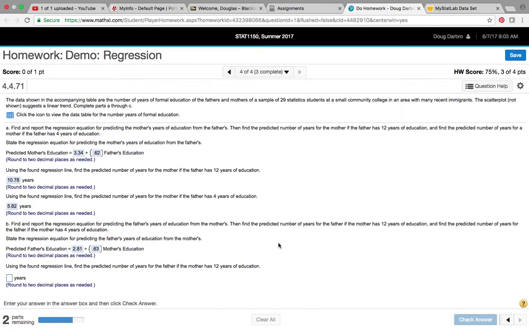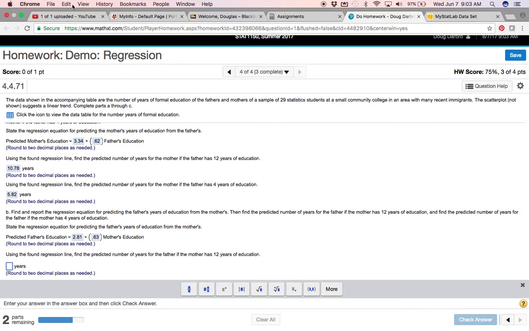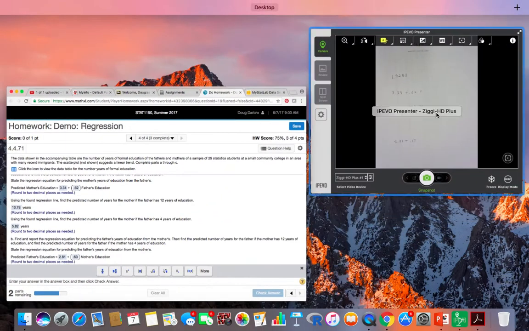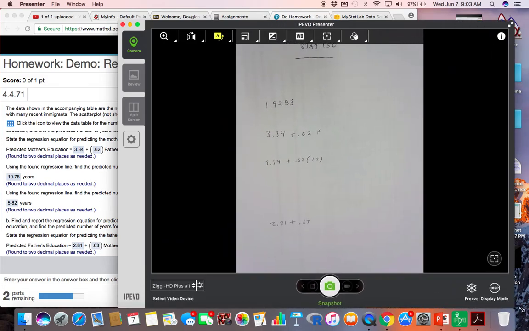Use the found regression to predict the years for the father if the mother has 12. So guys, I'm going to exit full screen. I have this set up over here where I'm actually doing my work.